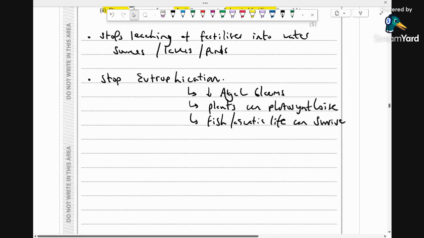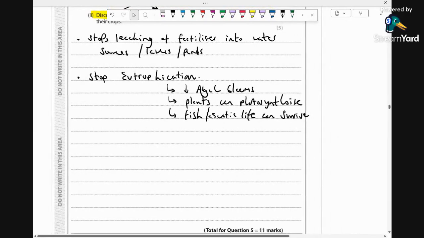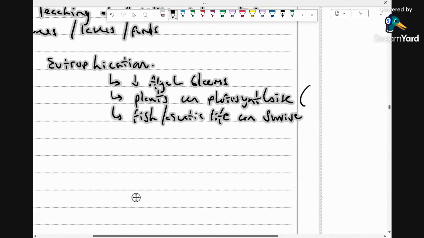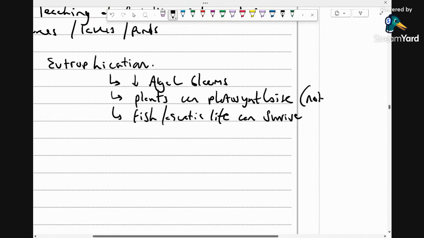So plants can photosynthesize because they don't die from lack of sunlight.